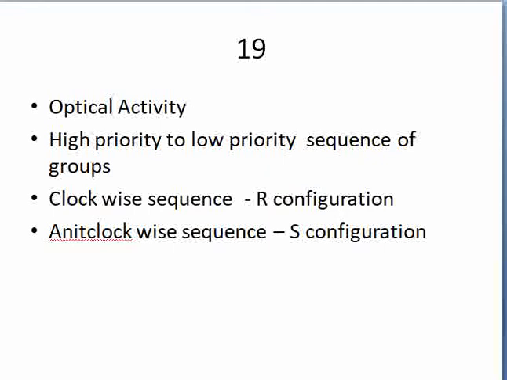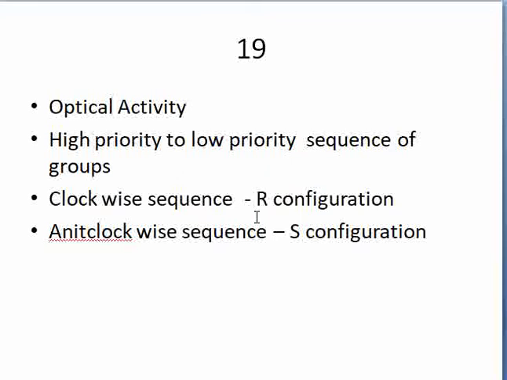First, when you take a single carbon, we have to assign priority to all the groups attached to each carbon, from high priority to low priority. To give priority, we have to follow the CIP rules. In the CIP rules, we give priority to the groups which have the higher atomic number element.